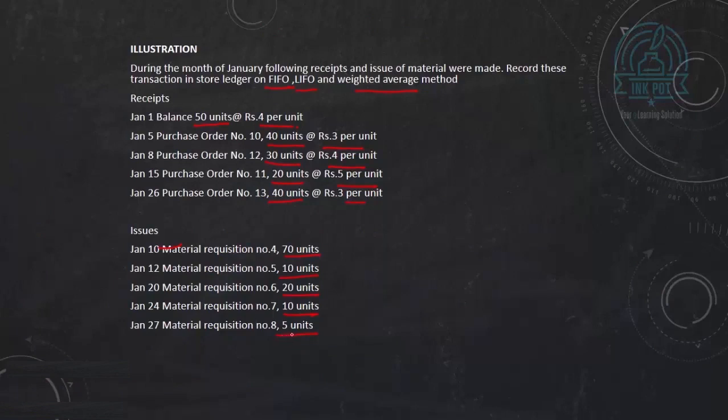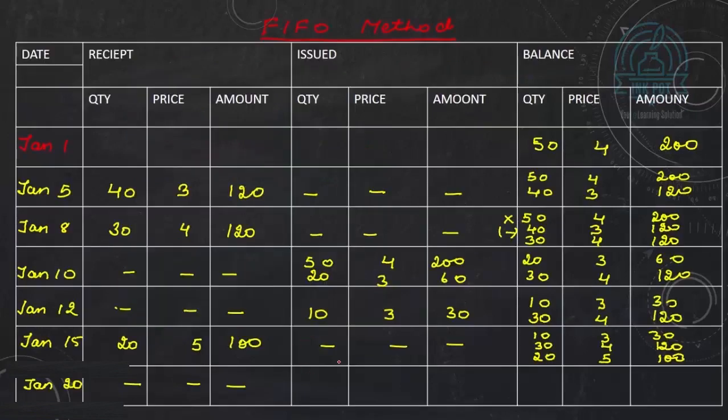On Jan 20th, 20 units are issued. So 10 units we will take from this stock and 10 from here. So it is like this: 10 at the rate of 3 and 10 at the rate of 4. This is 30 and this is 40. Now this is completely exhausted.